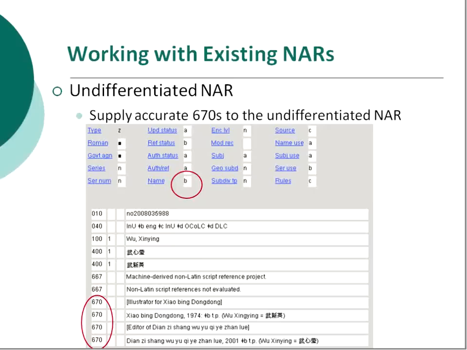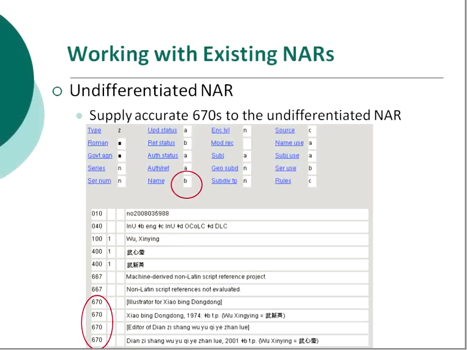So in this situation, when the 670 field is lacking to support the non-Latin data, after the existing 670 has been removed to the differentiated authority record, catalogers are encouraged to look for bibliographic records which apply for the non-Latin fields and add them to the undifferentiated record, which is showing here.